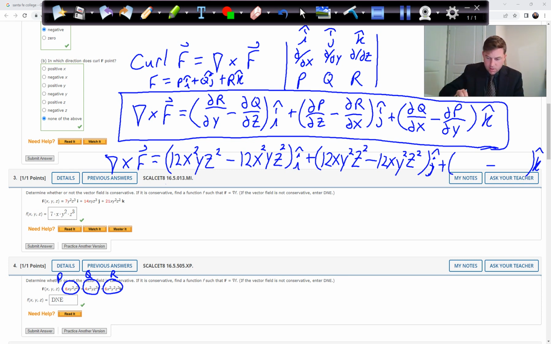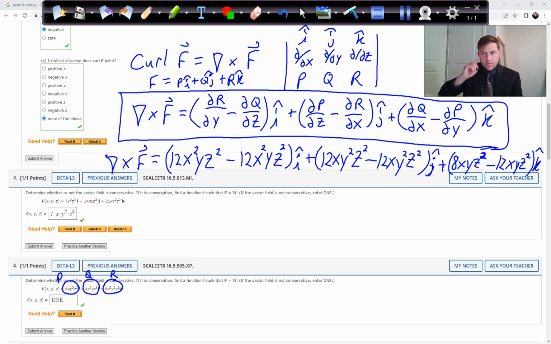Okay, then the last two, dQ dx, would be 8xyz cubed, minus dP dy would be 12xyz squared. And I think I also have an error here. This should have been yz squared, not z cubed.